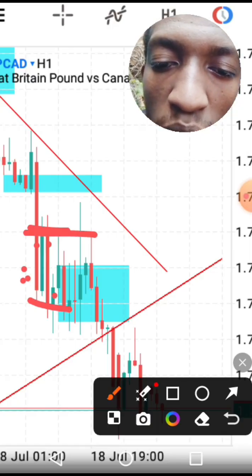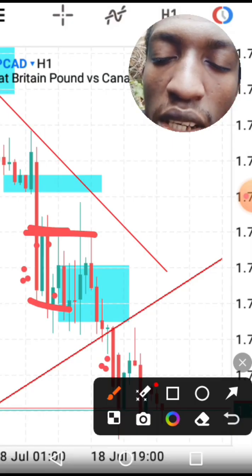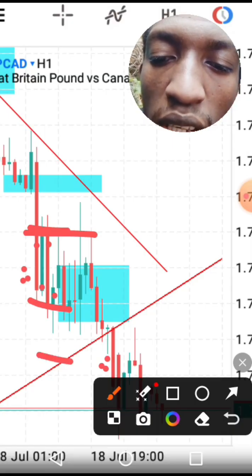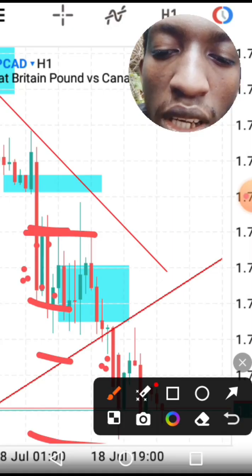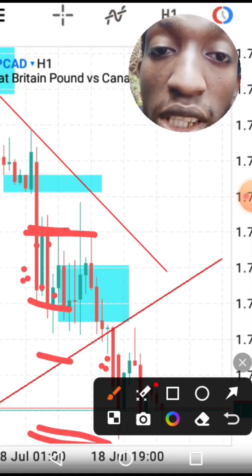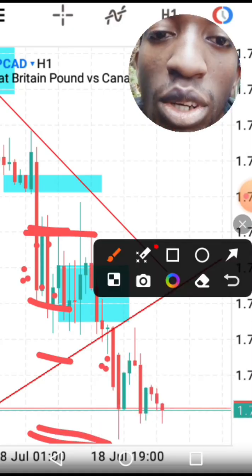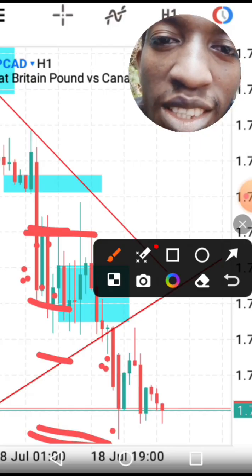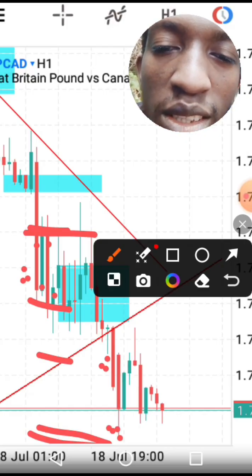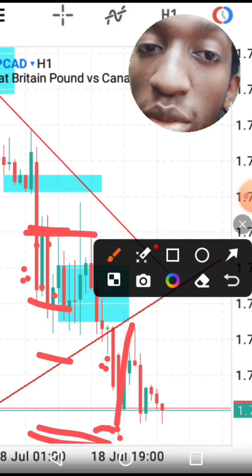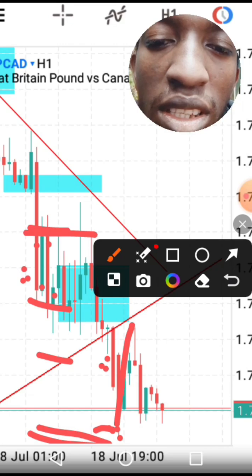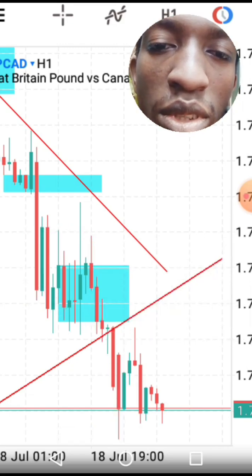Since we broke to the downside down there, we're going to determine how far down it goes. It is down there, see, that's why the market is dumping. Look, that's crazy. Exactly right there, we snapped back up. It's so crazy how accurate it is. It's out of this world.